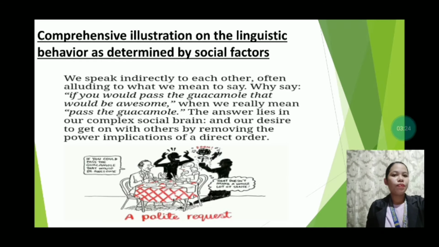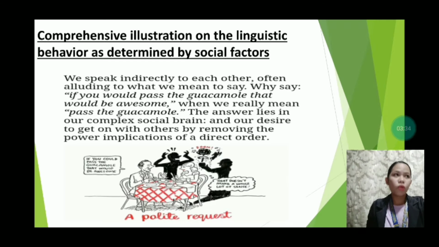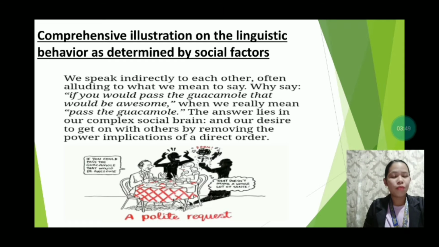In our society, we tend to say our thoughts in an indirect way because some of our cultures forbid saying what we want to say. Say for example, in this example, what the man usually wants to say is, please remove the guacamole, but in a nice way, he used the phrase, if you would pass the guacamole, that would be so awesome.